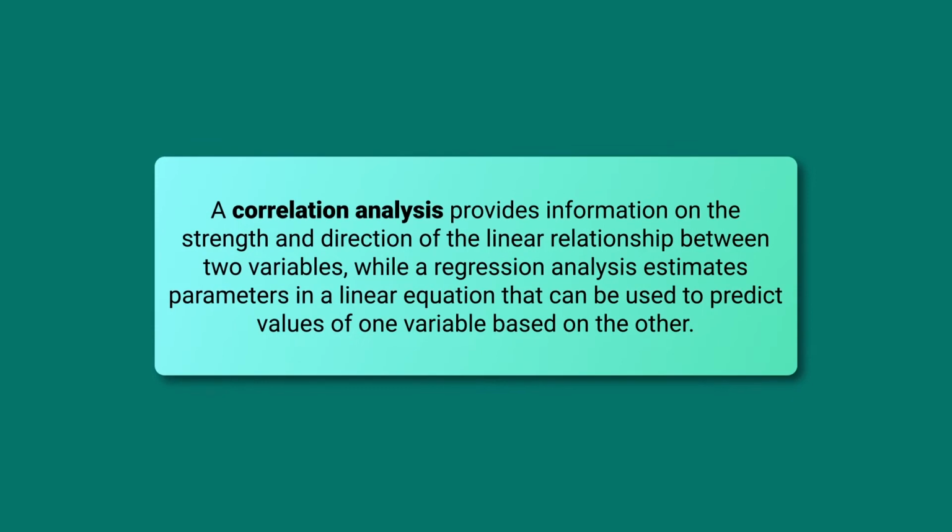So let's recapitulate what we have already done in our preceding sessions. We have seen that a correlation analysis provides information on the strength and direction of the linear relationship between two variables, while a regression analysis estimates parameters in a linear equation that can be used to predict values of one variable based on the other.